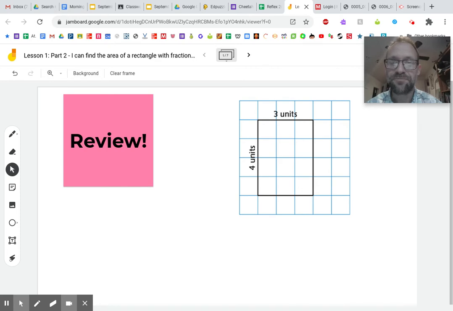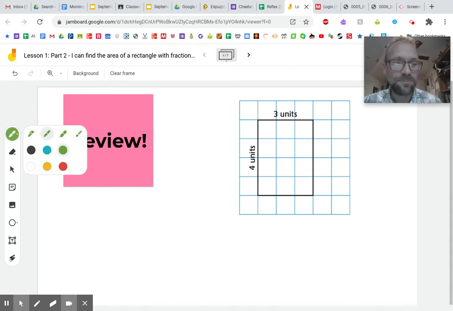Here is a problem. We have a rectangle with two side lengths drawn on a grid. So what are two ways we could find the area of this rectangle? Well, if you think back to yesterday, you might remember that one way is to simply count the squares inside the rectangle. That'll give us the area.